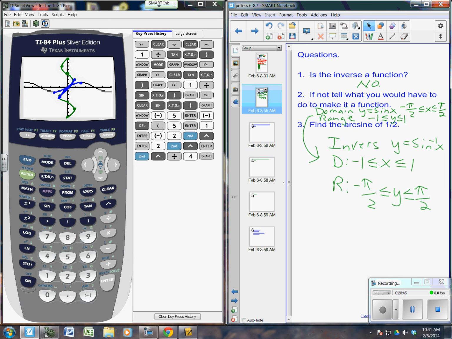Do we understand that? That's really important. Write that down. That part right there. Your inverse: your inputs have to be between -1 and 1. Your outputs can be between negative pi halves and positive pi halves.